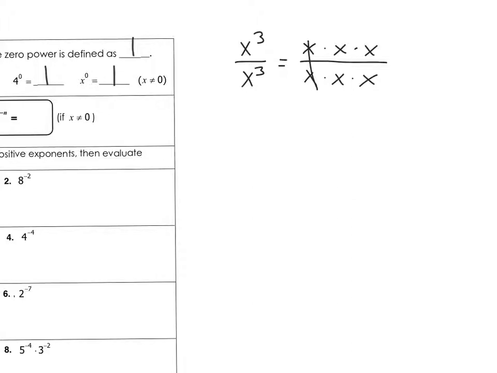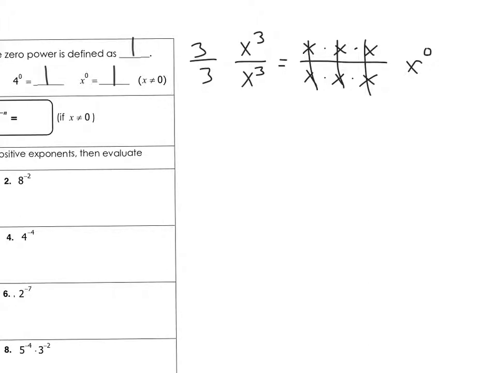So now you have all of these x's canceling each other out, so you're left with no x's being multiplied, so you have 0 x's left.